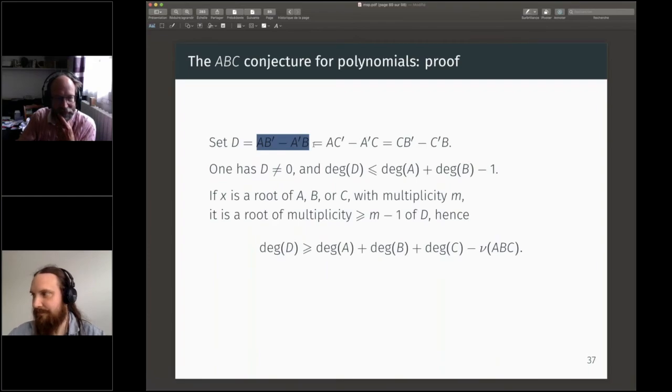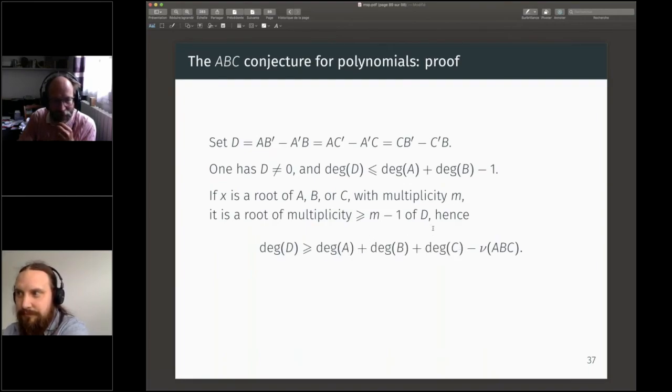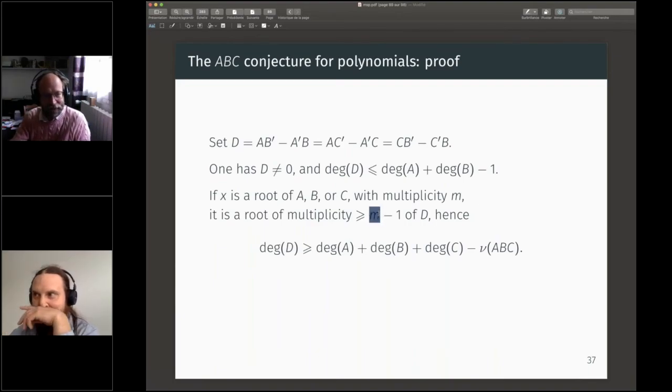And that's the same, thanks to those equalities, for each root. And so it means that the degree of d is at least the sum of the degrees, which gives me all roots with their multiplicities. Each root will appear with its multiplicity in a, b, or c, but there is this minus 1, which I have to take care of, and so I have to subtract this number of total roots.